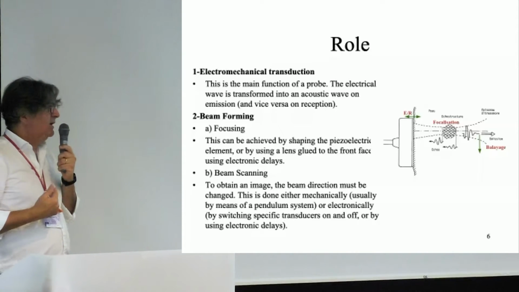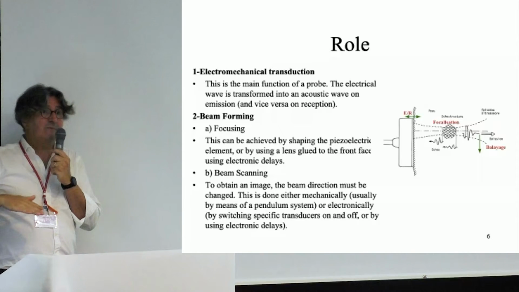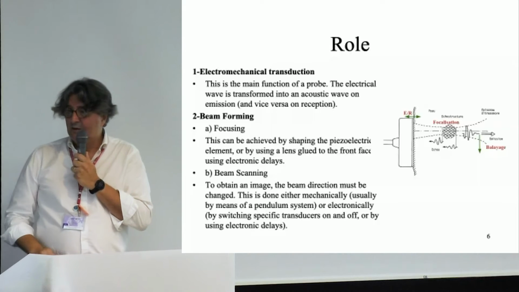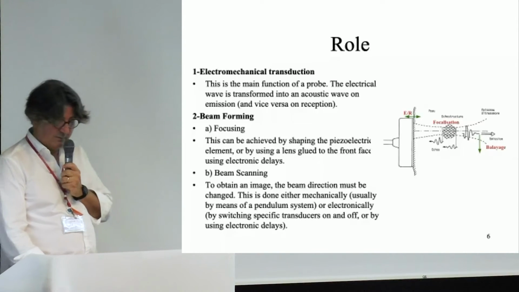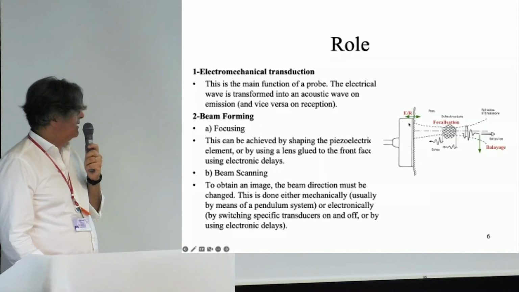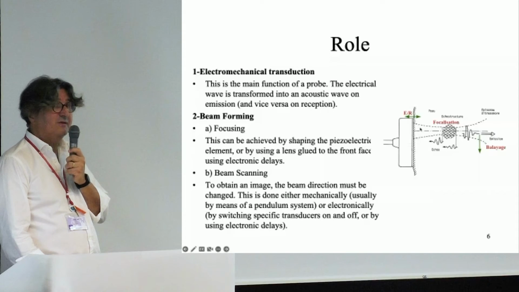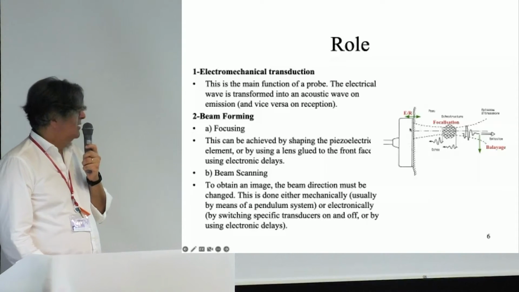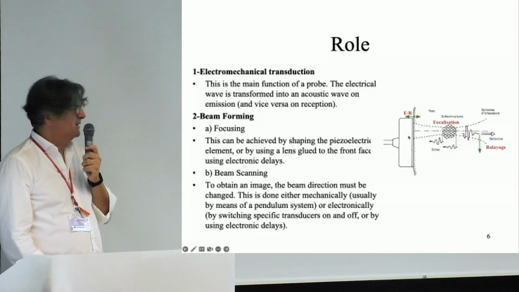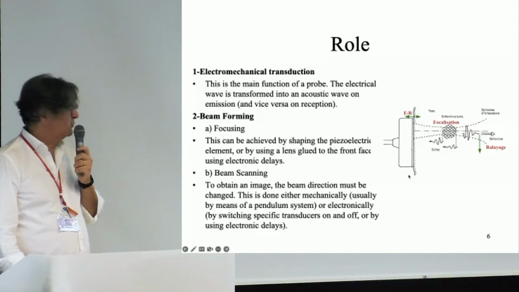But also, if you have an array transducer, which is a juxtaposition of many single element transducers, you can do beam scanning, which means that on your transducer you solicit only a small number of elements, let's say, for instance, 8 or 16 elements out of 128, and you will move this synthetic transducer along the array to produce the image.